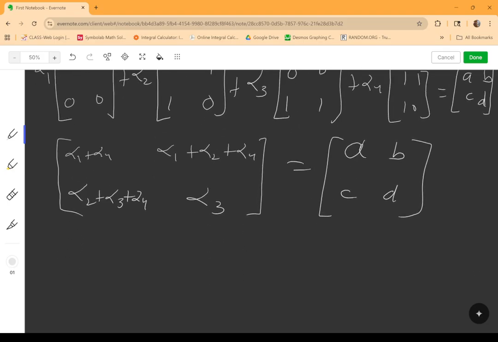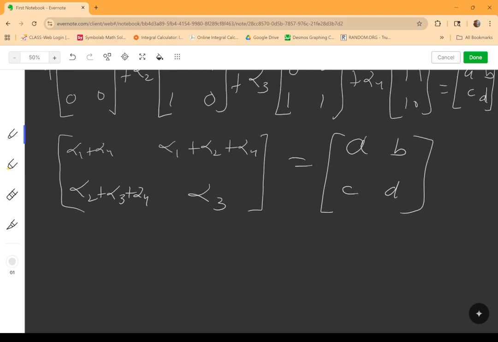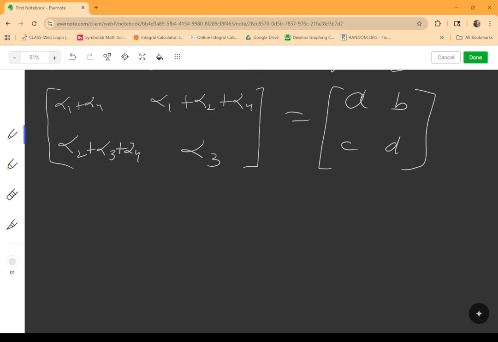All right, and again, it boils down to setting up a linear system and determining if the linear system is consistent. Okay, so here again, individually, alpha 1 plus alpha 4 equals A. All right, that's what we have here.